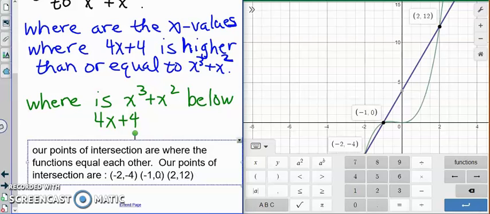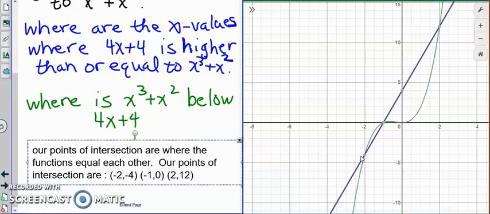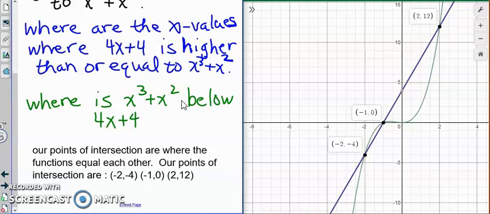But we need to find, okay, those parts where the purple line is above the green line. All right, so with that, let's go and take a look at it. So here again, here, here, and here. So we know this portion right here.